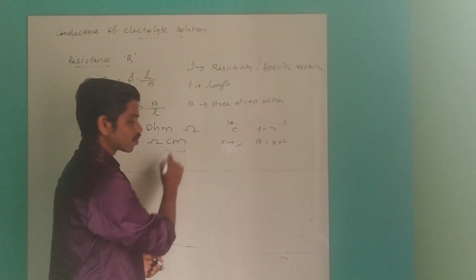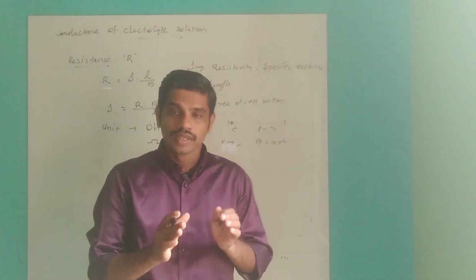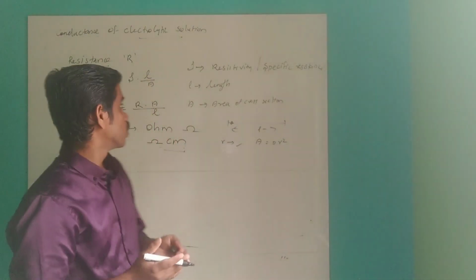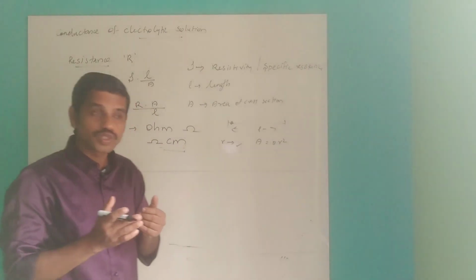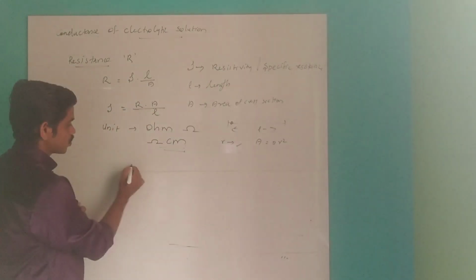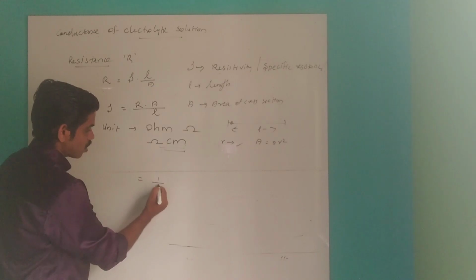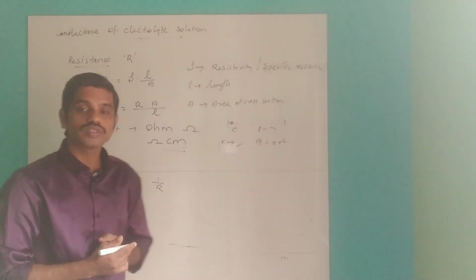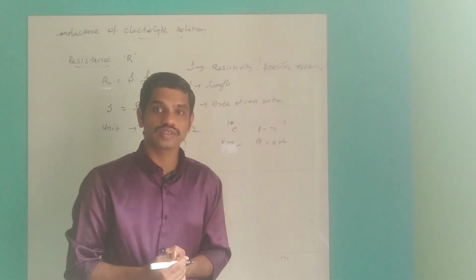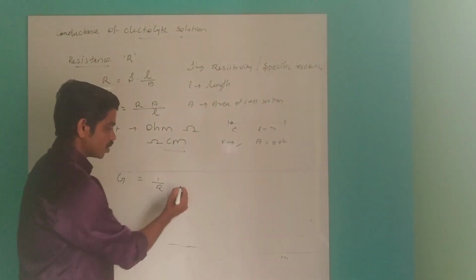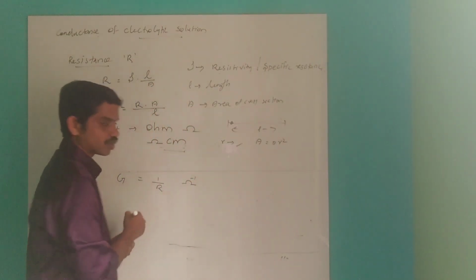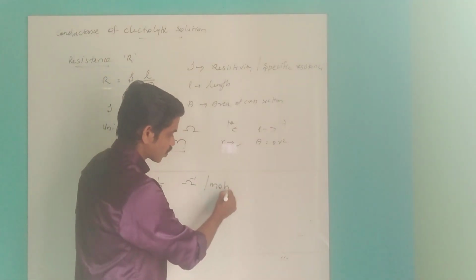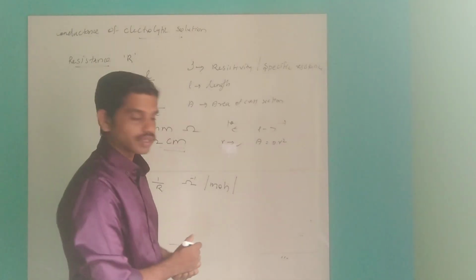Now, resistance you studied, resistivity studied. You take the opposite of this one. Resistance opposite is 1 by R. If you take the value of 1 by R, then you will get conductance. Conductance is represented by the letter G, and G is equal to 1 by R, and the unit is ohm raised to minus 1, or you can call it mho, or Siemens.